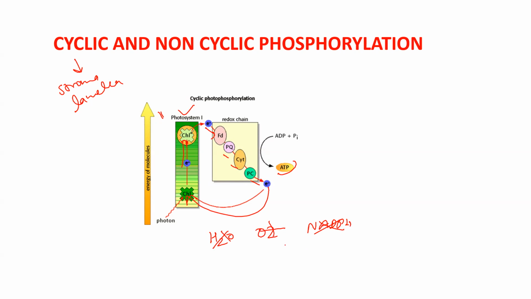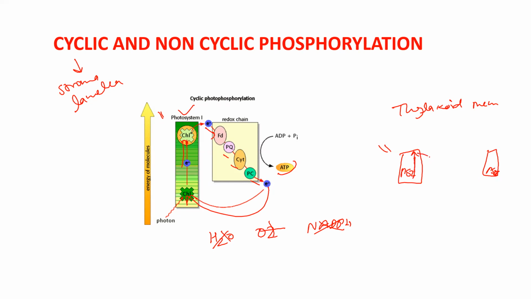Also, there is one question, what is the Z scheme? In the thylakoid membrane, during the light reaction, there is PS2 and PS1. When sunlight falls, the electron gets excited and goes to the higher energy orbit.